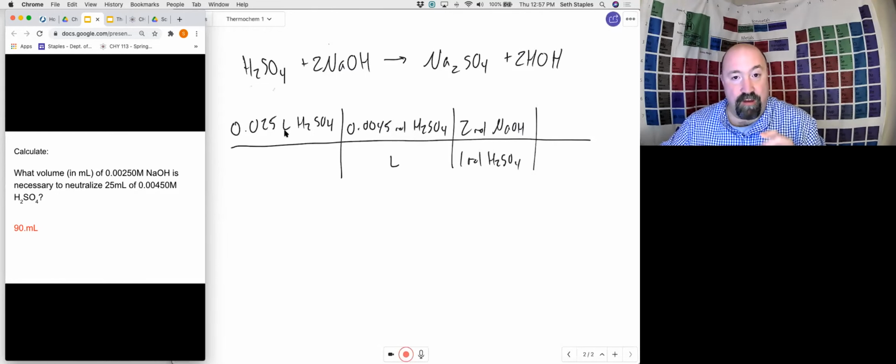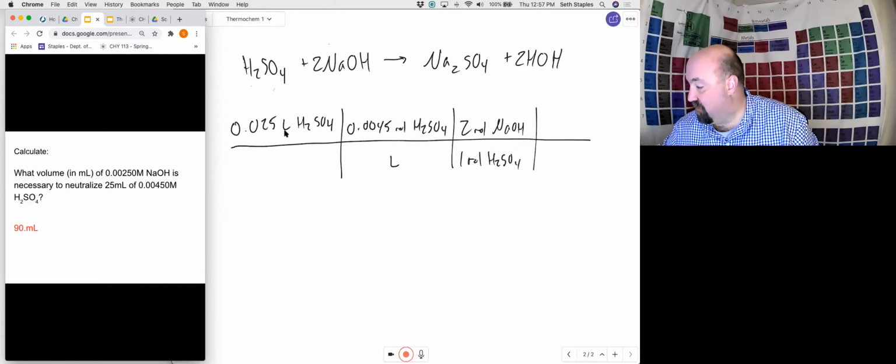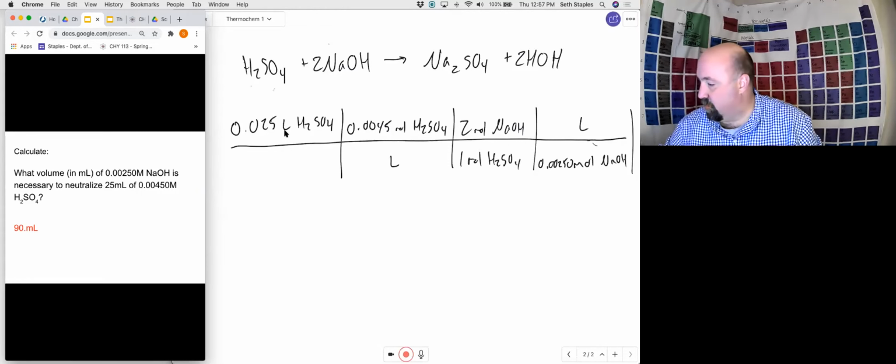Remember, the units of molarity are moles per liter, and so I put that into my dimensional analysis setup however I need to. So in this case, I need my moles down bottom and my liters on top. And my molarity of NaOH is 0.0025. I put that into my calculator.